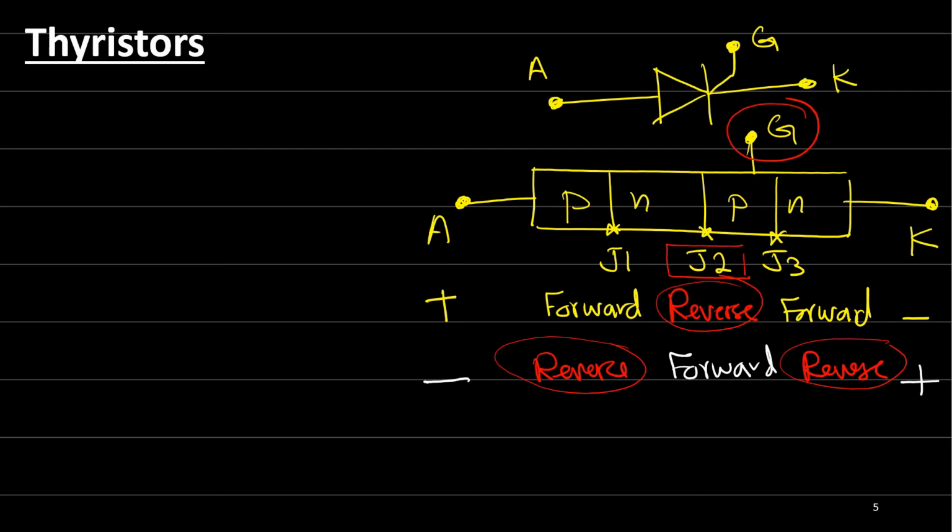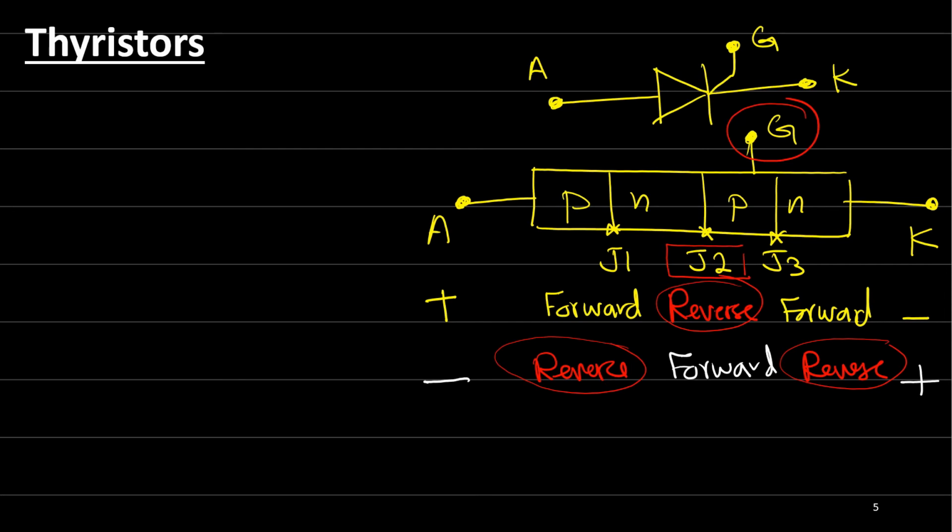So when sufficient positive signal current or pulse is applied to the gate terminal, this will trigger the thyristor to be in the conduction state.